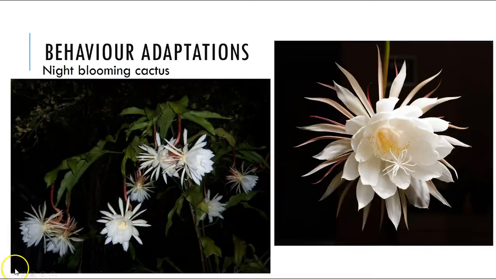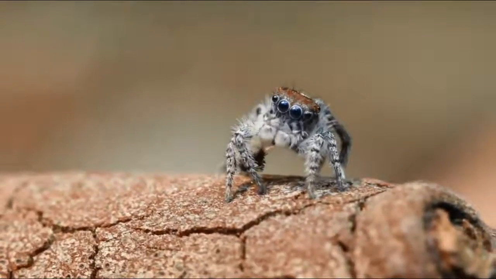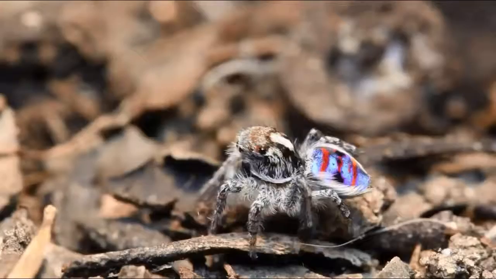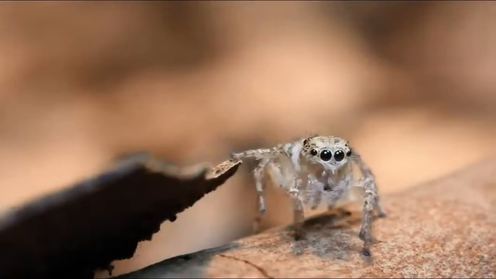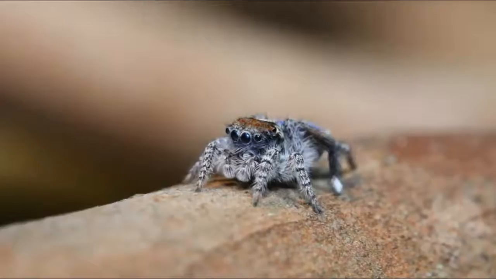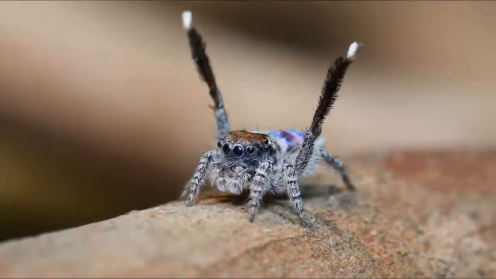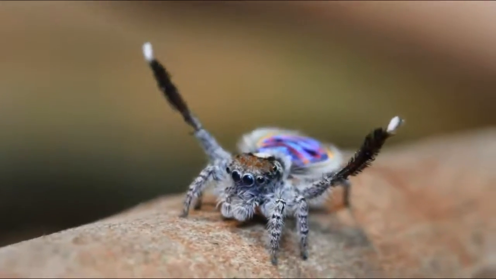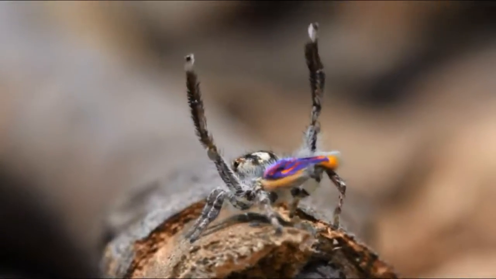So this is a peacock spider, and it has a very specific mating ritual dance in the hope of attracting a female peacock spider to mate with. I'm sure some of you would have seen this video on YouTube. It is quite famous. So we're just going to have a look at its little mating ritual.